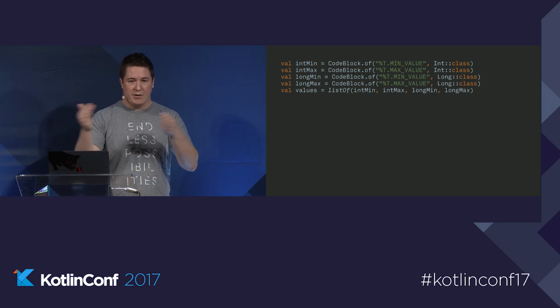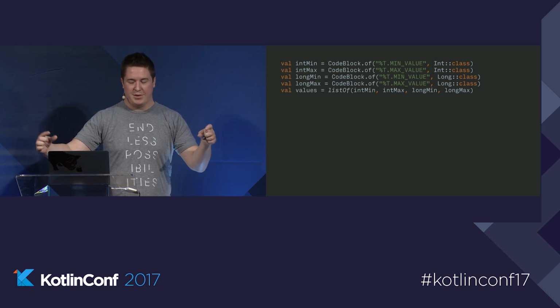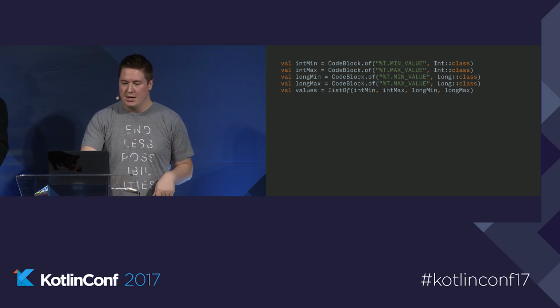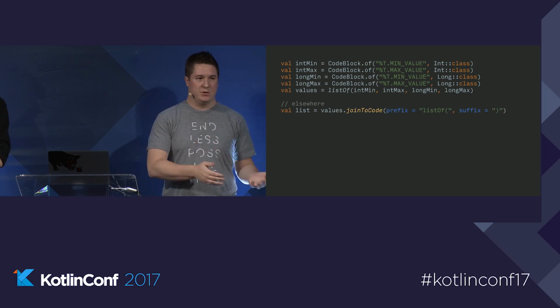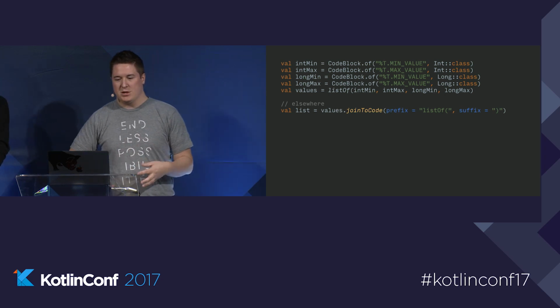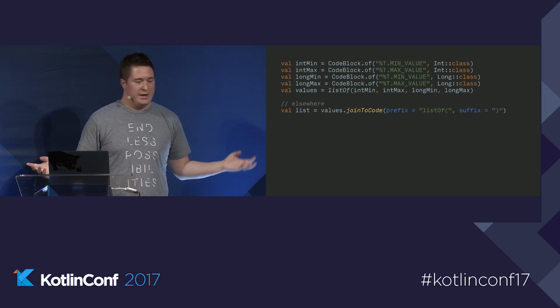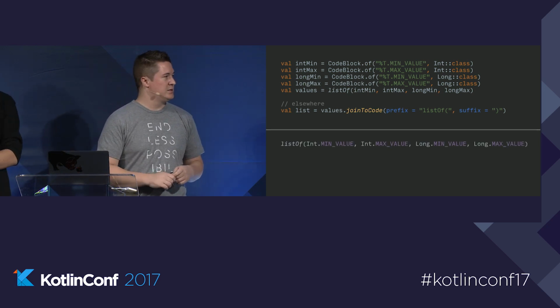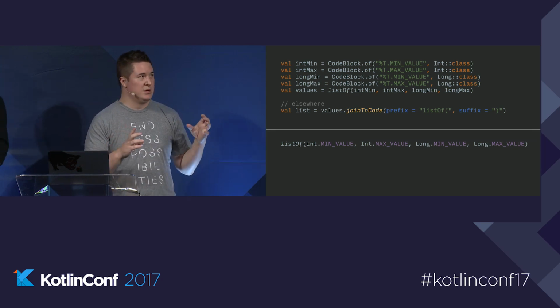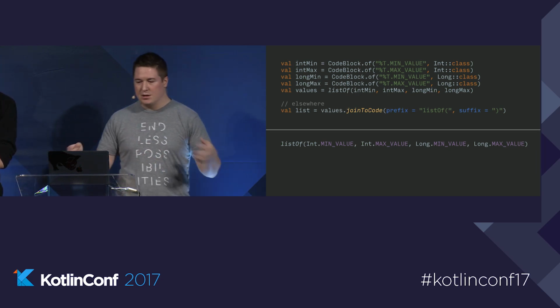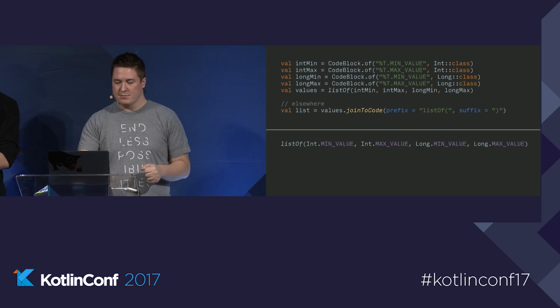And then say you want to generate code which calls that method and uses these parameters. There's a lot of familiar methods similar to those in the Kotlin standard library for these code blocks. And so we can take these and join them together into a nice, simple reference to a method with all of these individual parts of an expression joined together with a comma.